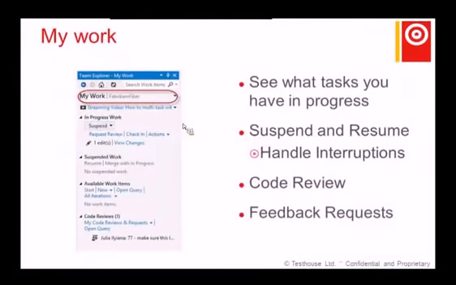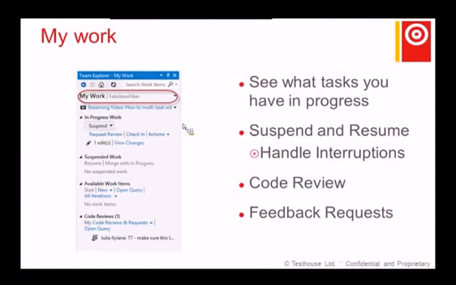I'll show you now some things you can do with shelf sets. So in my work here over on the right hand, over in the Team Explorer, you can do several things. You can see what tasks you have in progress. You can set up a query which shows you which work items you're working on at this particular time.